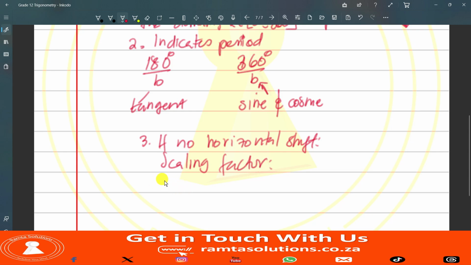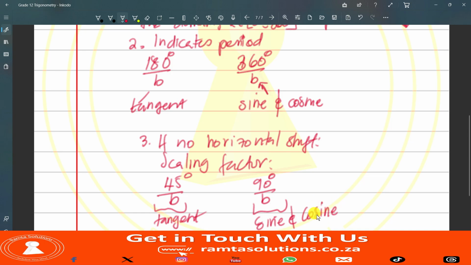So for tangent, it'll be 45 degrees over b, and for sine and cosine, it'll be 90 degrees over b. This is for tangent, and this is for sine and cosine.